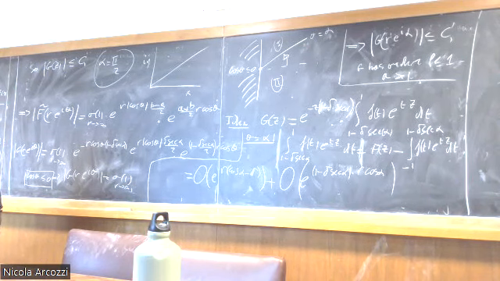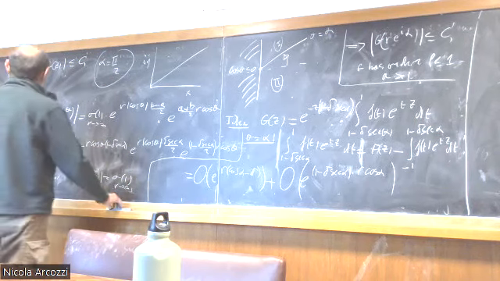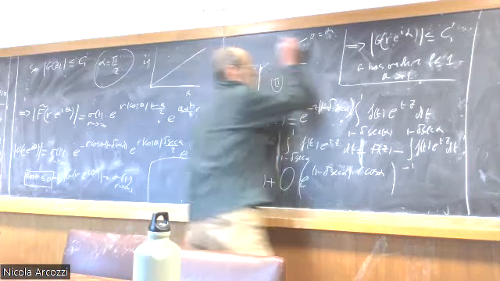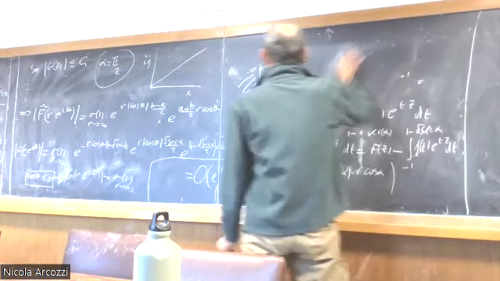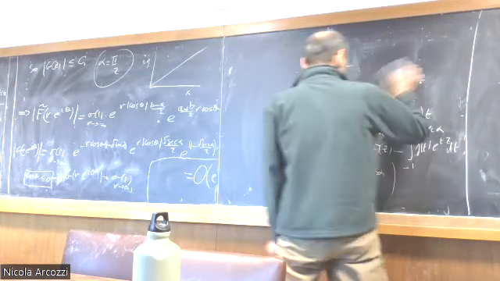Maybe I will just do the proof of theorem 1, and then we can close the course. So given all of these lemmas, let's prove that these functions have many zeros.